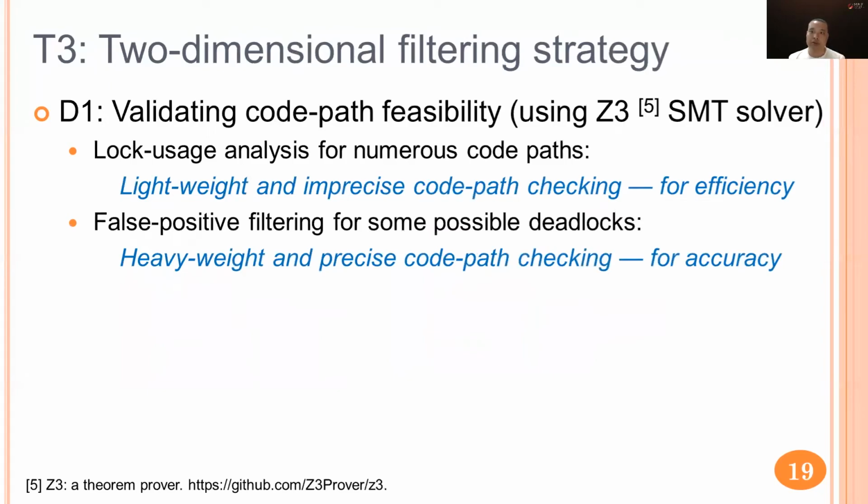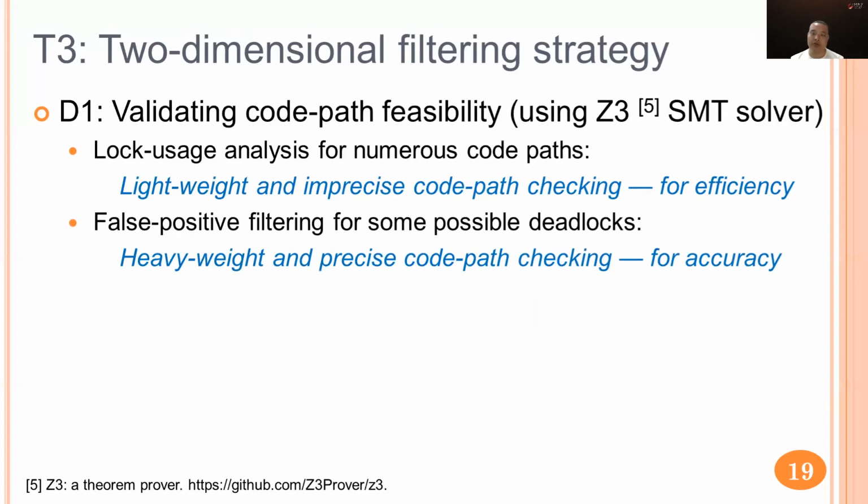We drop false positives from 2 dimensions. The first dimension is to validate the feasibility of each code path by using the Z3 SMT solver. There are 2 stages for validation.